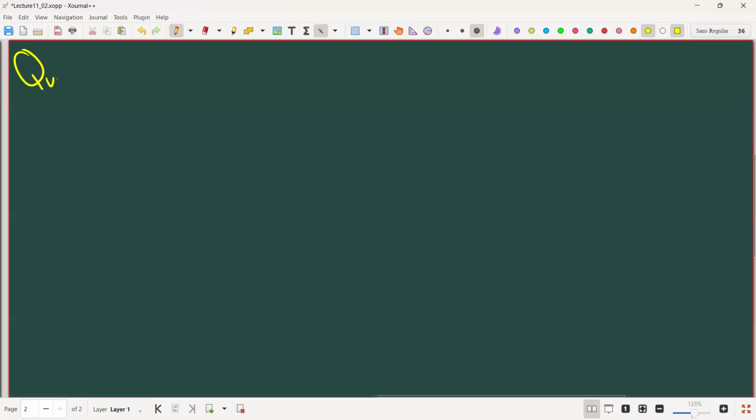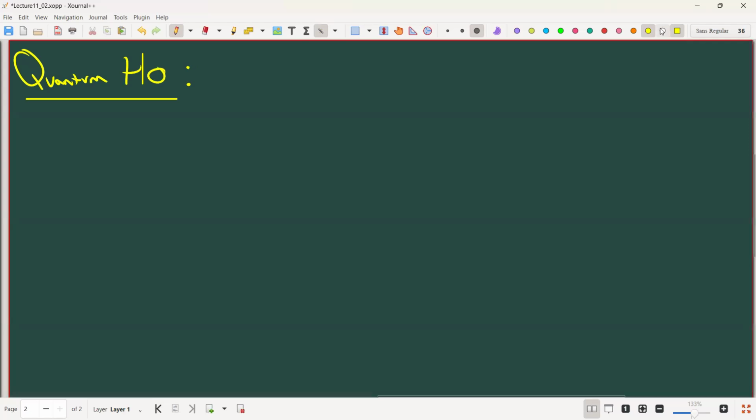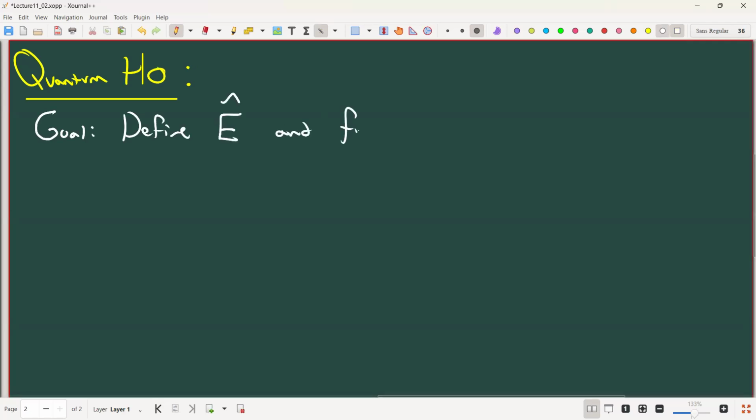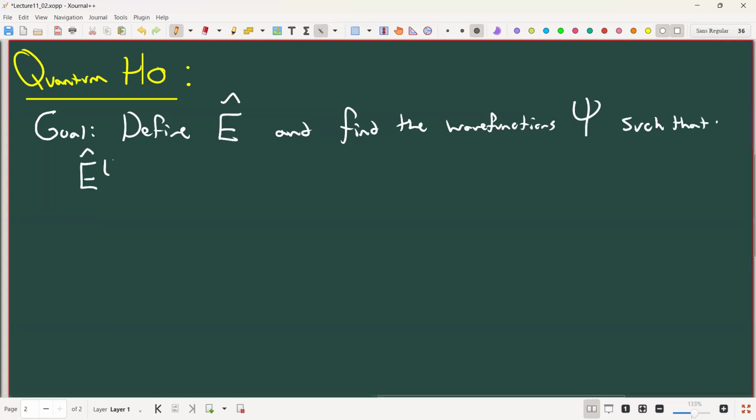So now we're going to look at the quantum harmonic oscillator. Remember, our goal is to define an energy operator and find wave functions psi such that when I apply E to psi, I get some energy back.